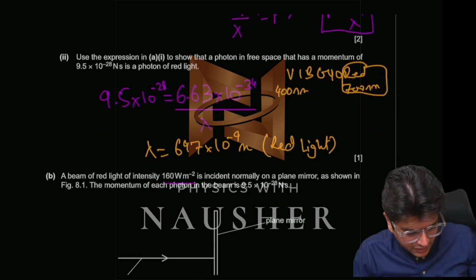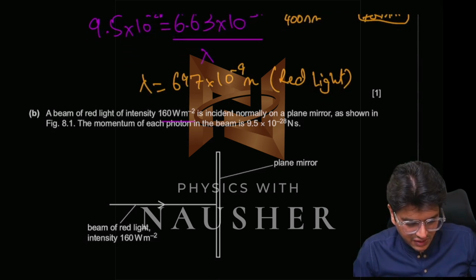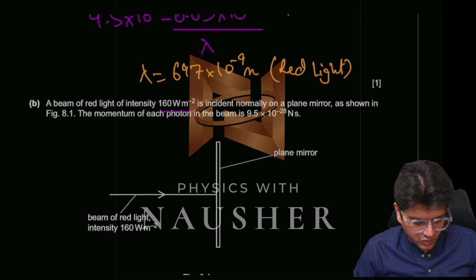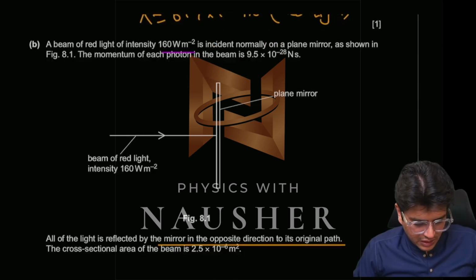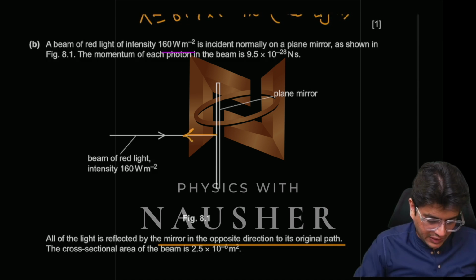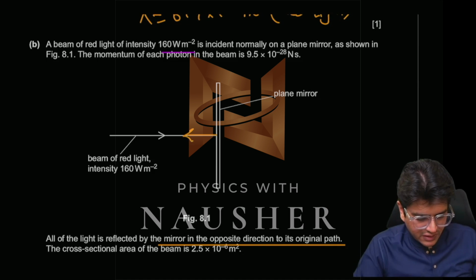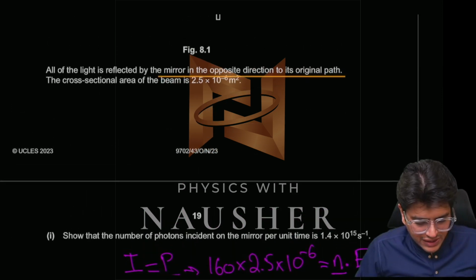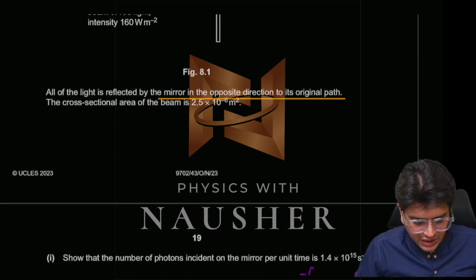A beam of light, red light, has this intensity, 160 watts per meter square, incident on a surface. The momentum of each photon is this. All of the light is bounced back or reflected back to its original path, and the cross-sectional area is 2.5 into 10 to the minus 6. Show that the number of photons incident on the mirror per unit time is this.